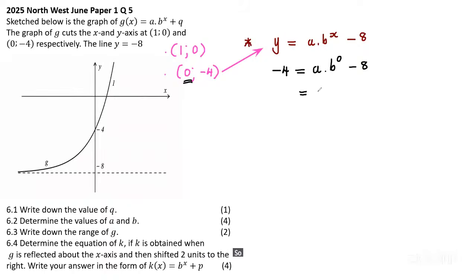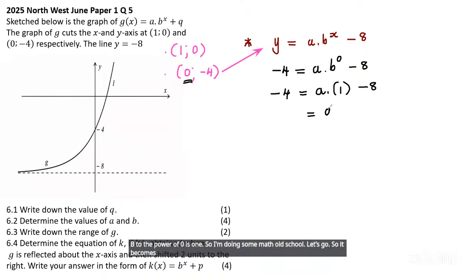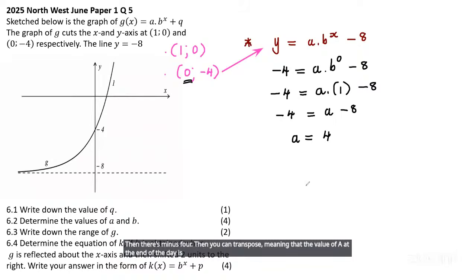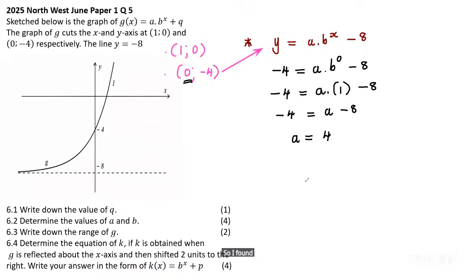So in other words, B to the power of 0 is 1. So it becomes A times 1, which is A. Then there's -8, then there's -4. Then you can transpose, meaning that the value of A at the end of the day is 4. So I found A as 4.